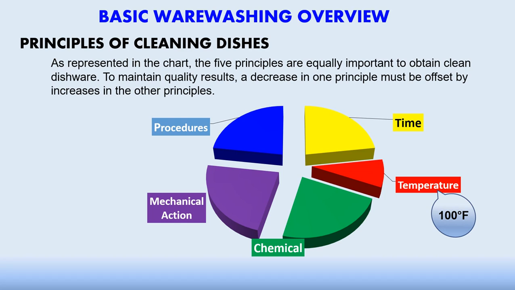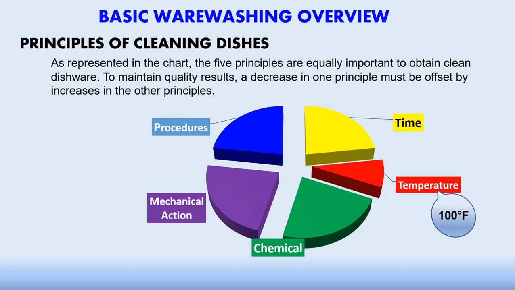Can we increase time on dish machines? Can we increase mechanical action? Where does the mechanical action come from? Can we increase chemicals? These are all things that we need to take a look at. Can they increase or produce better results by better procedures?